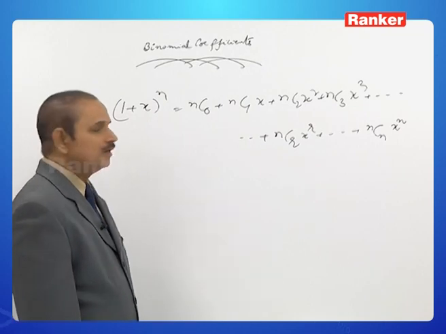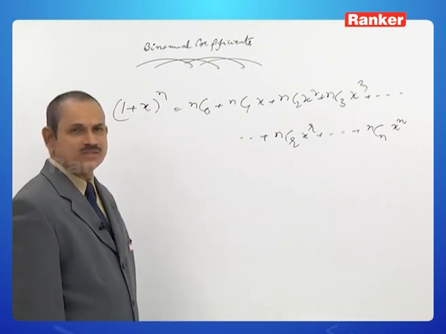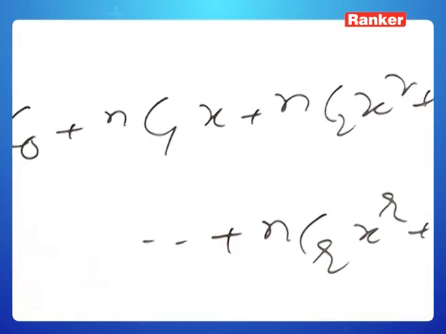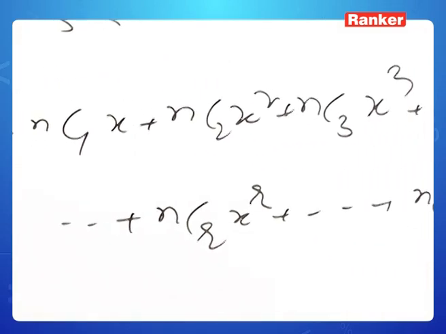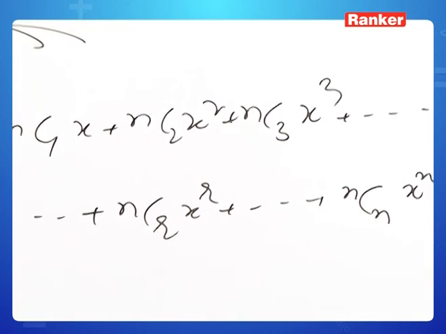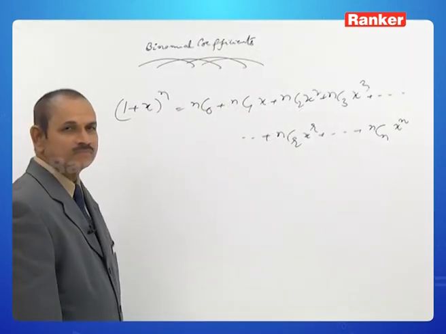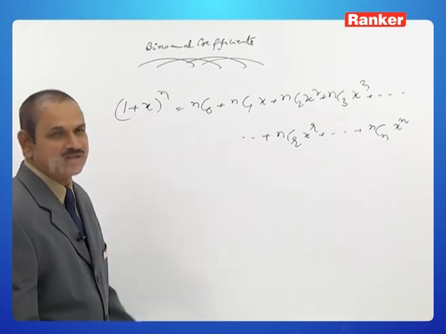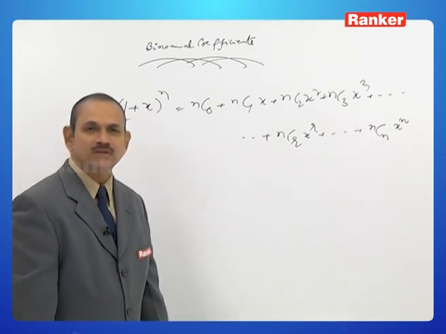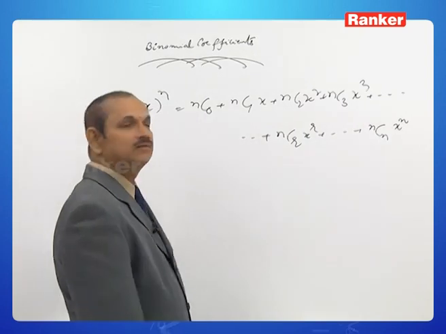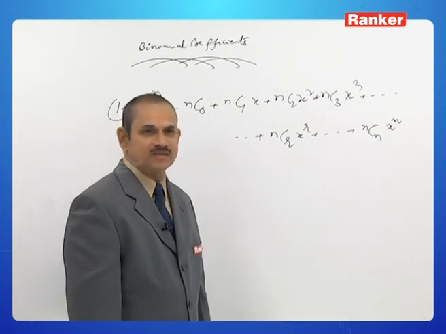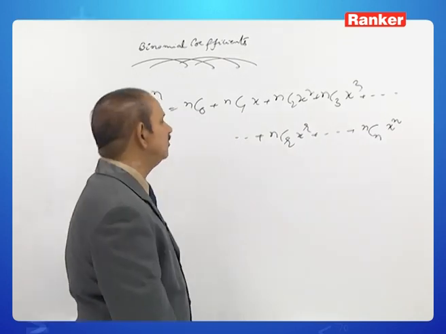The coefficient of x² is nC2, of x³ is nC3, of x⁴ is nC4, and the coefficient of x^r is nCr. You need not run for any value of r like that. It is straight and simple. You can read the coefficients as you like. Coefficient of x^r is nCr.